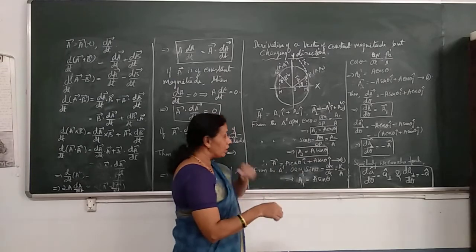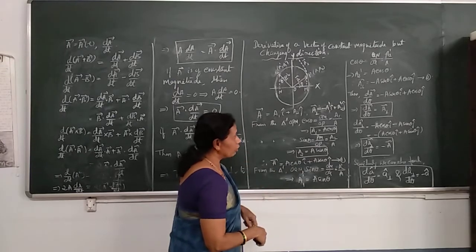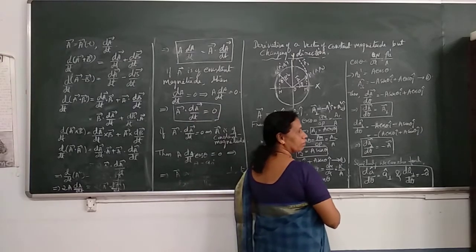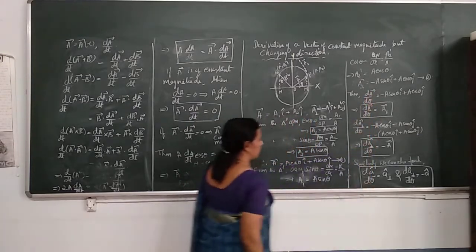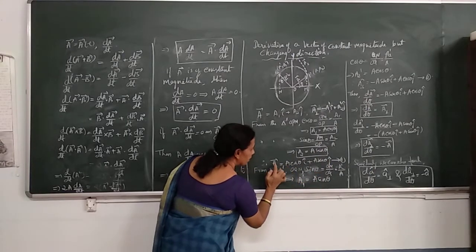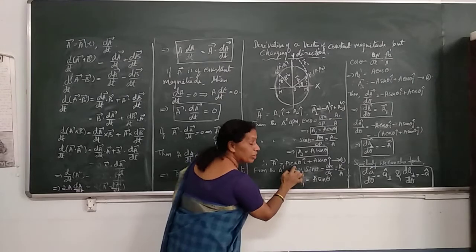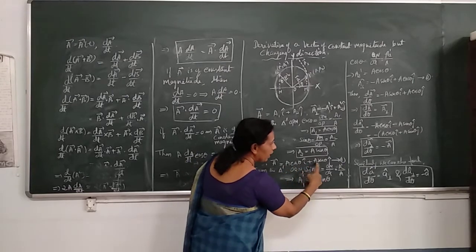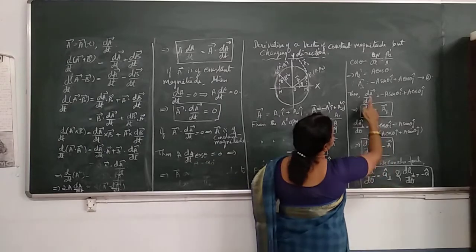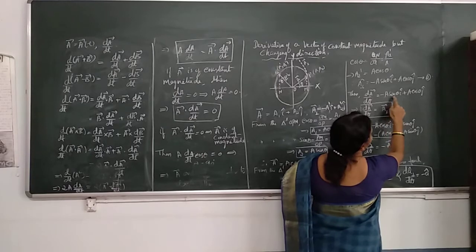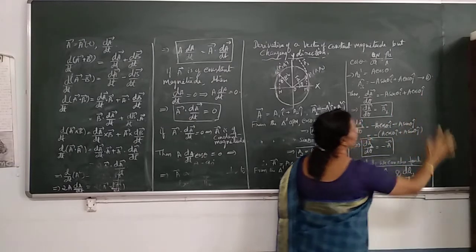It depends on theta. So consider the derivative of this A vector with respect to the variable theta, dA vector by d theta. If you differentiate with respect to theta, you get dA vector by d theta is equal to A, differentiation of cos theta is minus sin theta, i cap, plus A cos theta j cap. You get dA vector by d theta as minus A sin theta i cap plus A cos theta j cap.